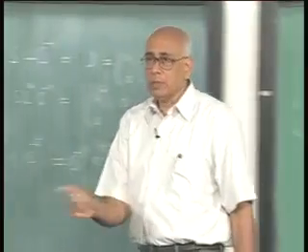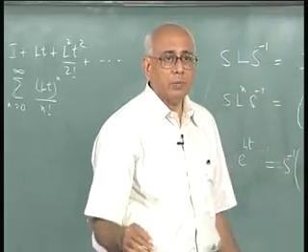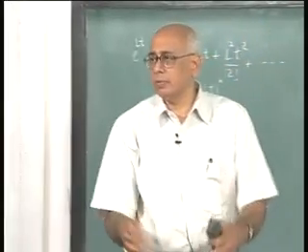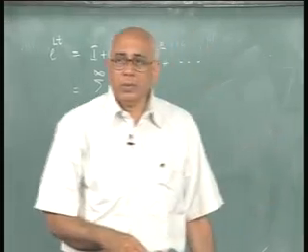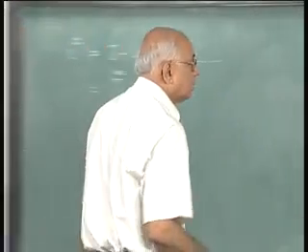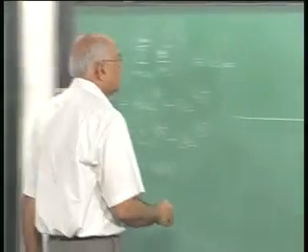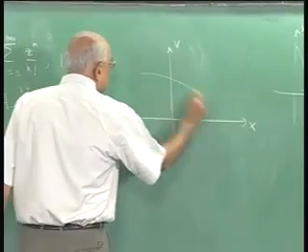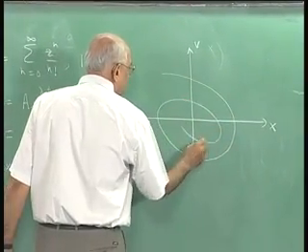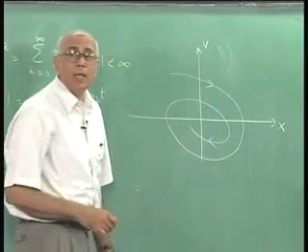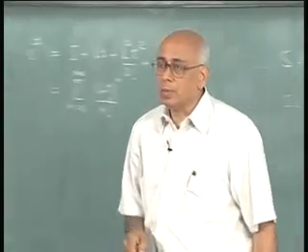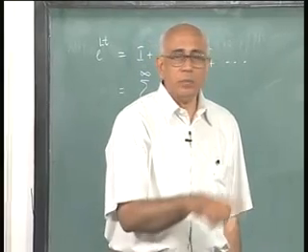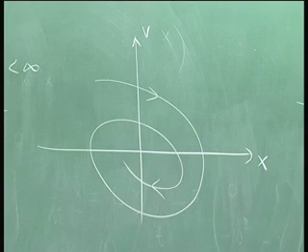If x of t oscillates about its central point with decreasing amplitude, so does v of t, it is after all the derivative, and if it monotonically decreases to 0 in the overdamped case, so does v of t. So this immediately suggests that in general, if I start at some point here, this would spiral in towards the origin. Unlike the old case where you had ellipses, you do not have conservation of energy in this problem, and the phase trajectories would simply be some kind of spirals in the underdamped case.